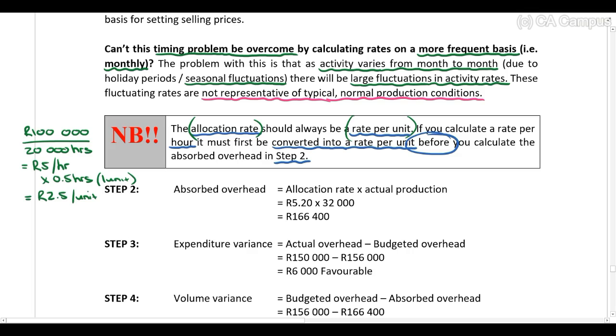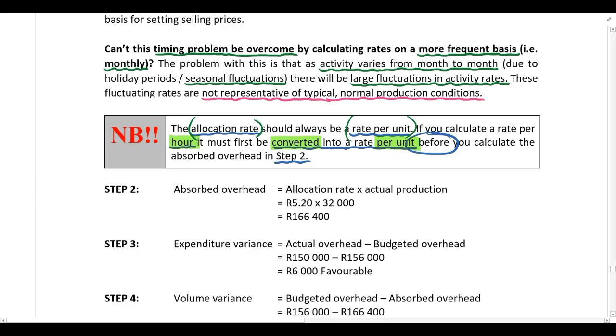All right, so if you do calculate an allocation rate per hour, it must be converted into a rate per unit. In step 1, your answer must be a rate per unit. Then in step 2, after you've calculated your allocation rate per unit, you are now going to calculate your absorbed overhead. And you calculate the absorbed overhead by taking the allocation rate from step 1 and multiplying by actual production.